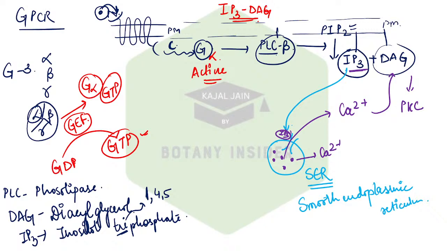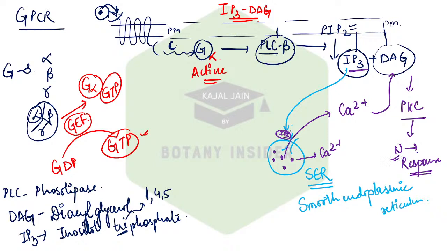PKC stands for protein kinase C. Protein kinase C will be entering into the nucleus. In the nucleus, it will be activating a number of transcription factors. As and when the transcription factors get activated, you get to see the final response.